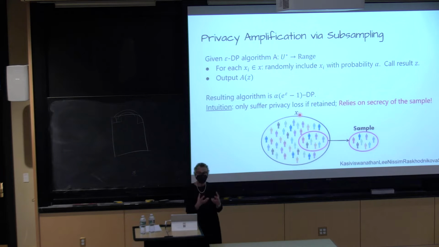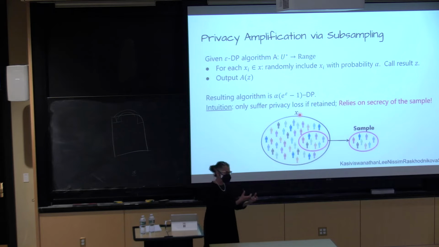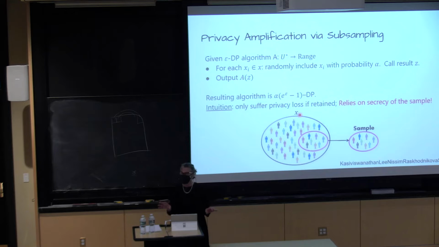If it's heads, I include xi in a new data set that I'm building. And if it's tails, I don't include xi. So when I've finished with all of this, my new data set is called Z. It's just a subset of the original data set, where membership was obtained by this Bernoulli process. And now I run my original algorithm, not on X, but on this subset of X that I've selected, Z.